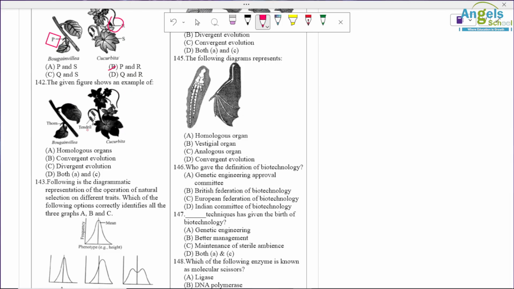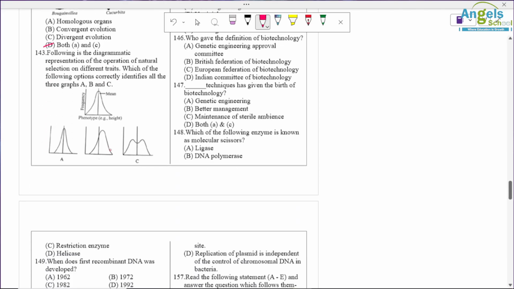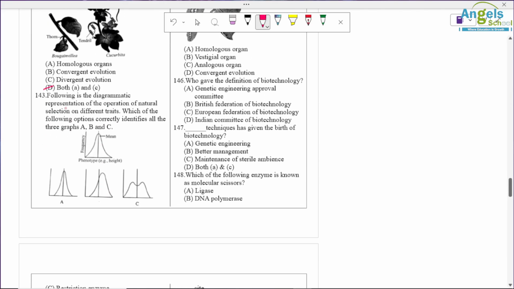The given figure is an example of both homologous organ and divergent evolution. Identify given diagram. So first one is stabilizing selection, second one is directional, and third one is disruptive.